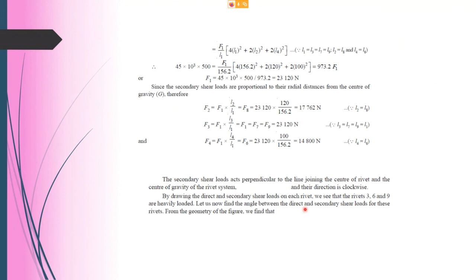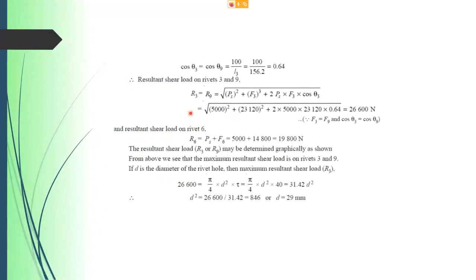That is why, when we calculate the resultant, we only consider 3, 6, 9. At the same time, we have to find cos theta 3 and cos theta 9, because we need those. So you have R3, R9, and R6.